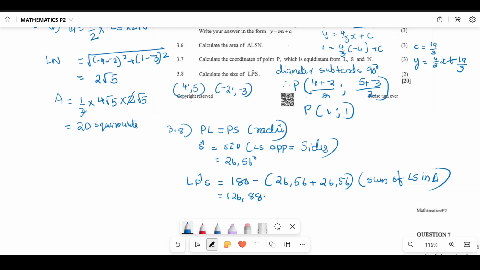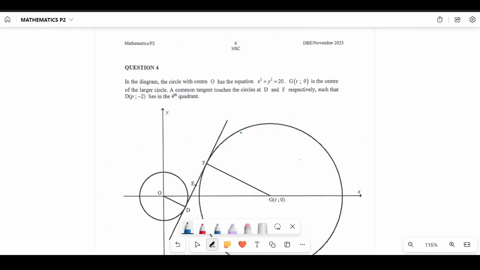Now we are going to question number 4. In the diagram, the circle with center O has the equation x squared plus y squared equals 20, and P is the center of the larger circle. A common tangent touches the circles at D and F respectively, such that D(p; negative 2) lies in the fourth quadrant.